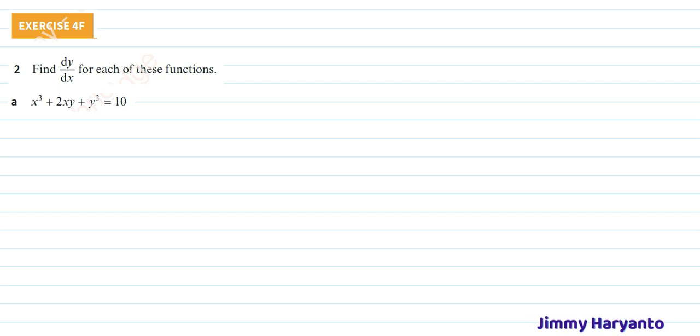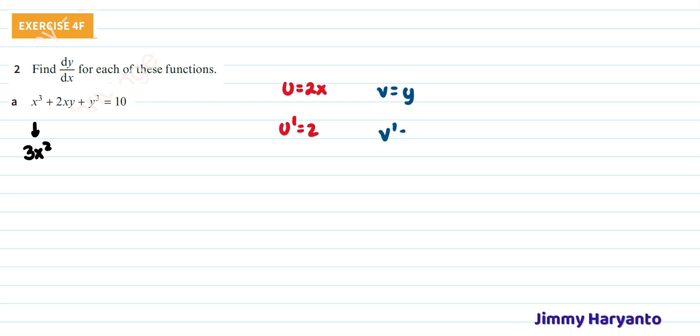Next is 2a. For question 2a, you have to find the dy dx. So first, differentiate this one. You have 3x squared, and then for the 2xy, you will use uv. That means the u equals to 2x, and then the v equals to y, u prime equals to 2, v prime equals to 1, dy over dx. That's it.